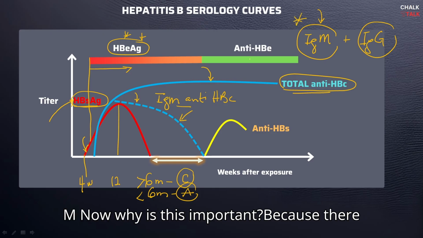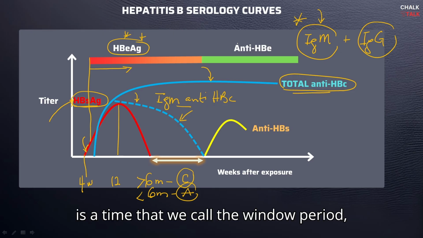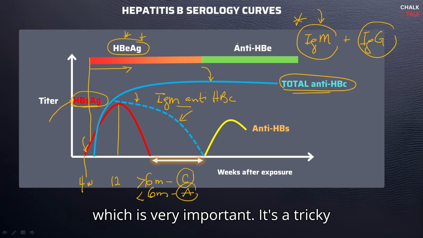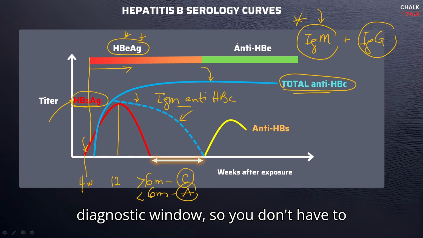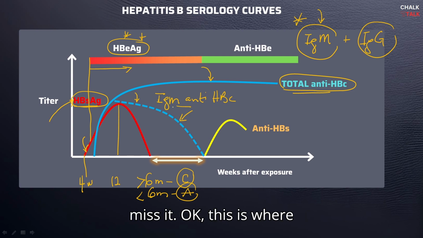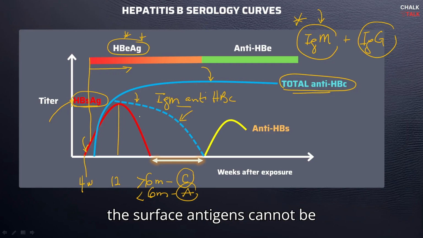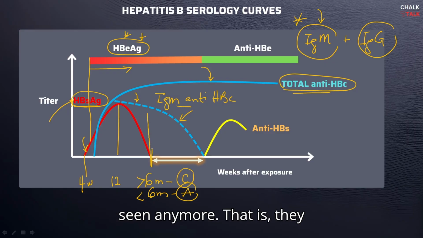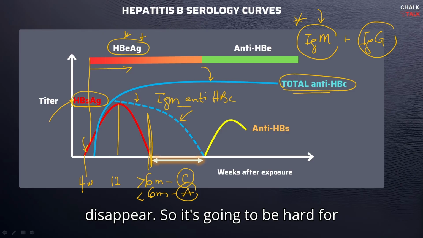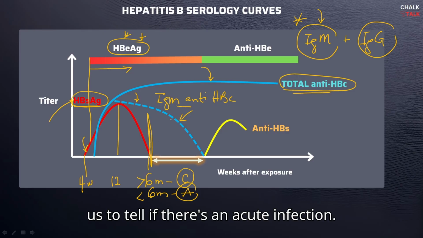Now, why is this important? Because there is a time that we call the window period, which is very important. It's a tricky diagnostic window, so you don't want to miss it. This is where the surface antigens cannot be seen anymore. That is, they disappear. So it's going to be hard for us to tell if there is an acute infection.